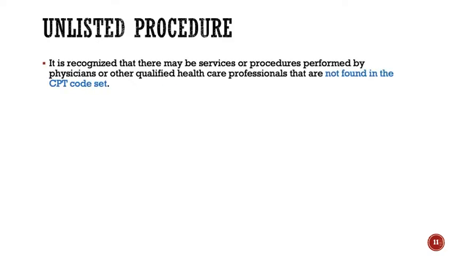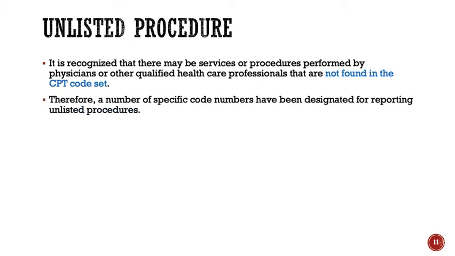Now, let's understand unlisted procedure codes. It is recognized that there may be services or procedures performed by physicians or other qualified healthcare professionals that are not found in the CPT code set. Therefore, several specific code numbers have been designated for reporting unlisted procedures.